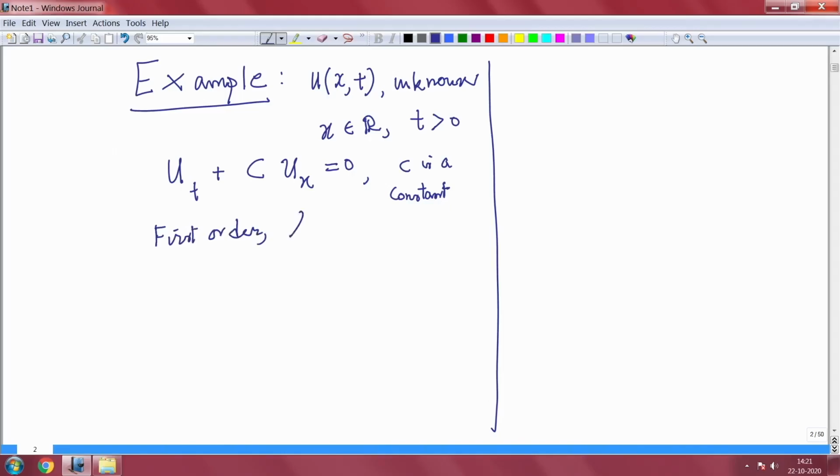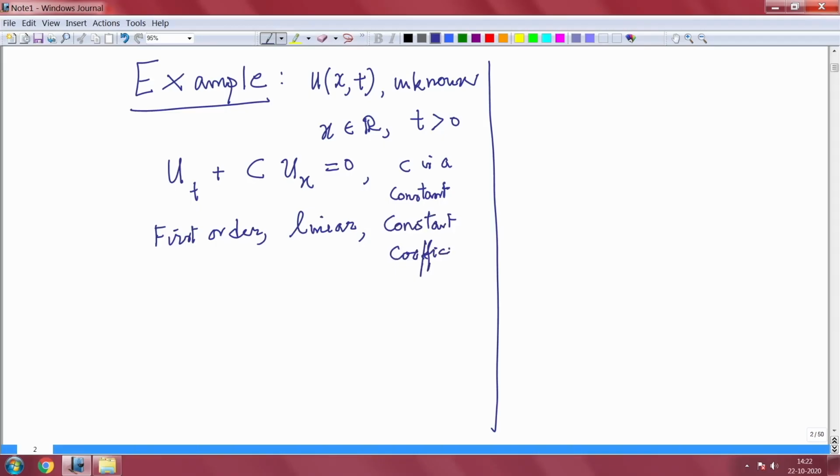So, life will be much simpler. It is first order linear with constant coefficients. You see, it is also a constant coefficient PDE.